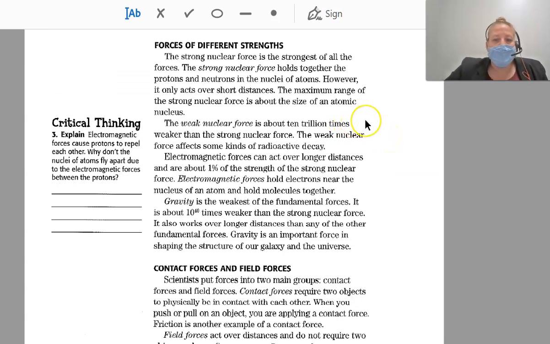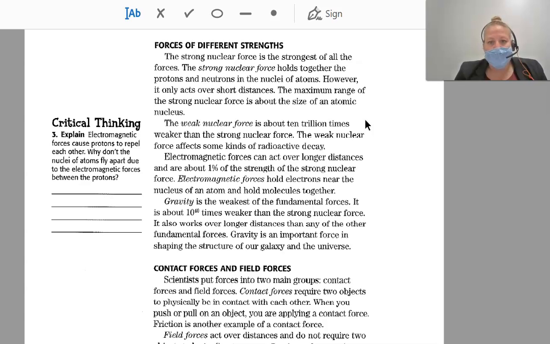Okay, so the forces have different strengths. The strong nuclear force is the strongest of all forces. The strong nuclear force holds together the protons and neutrons in the nuclei of atoms. However, it only acts over short distances. The maximum range of the strong nuclear force is about the size of an atomic nucleus.